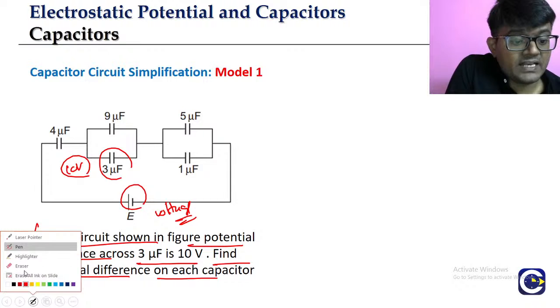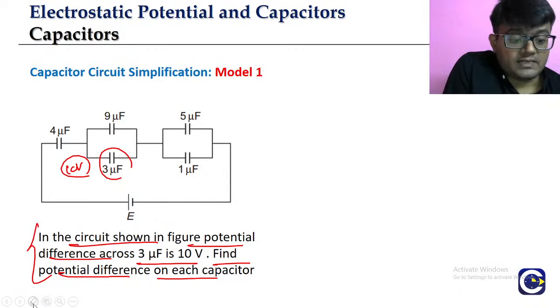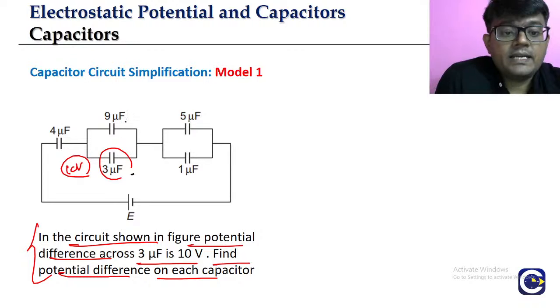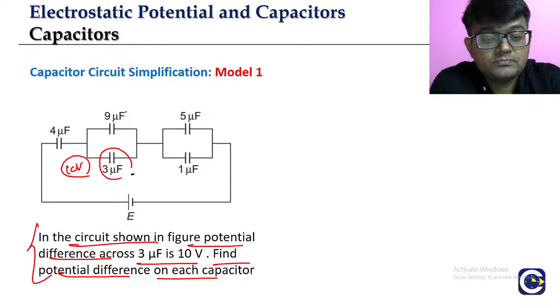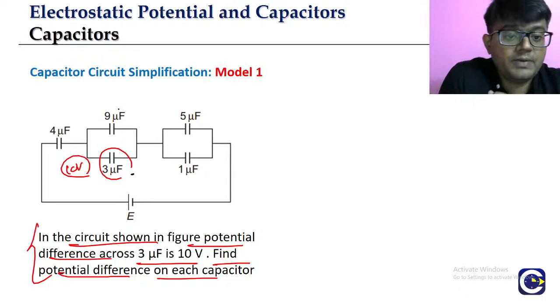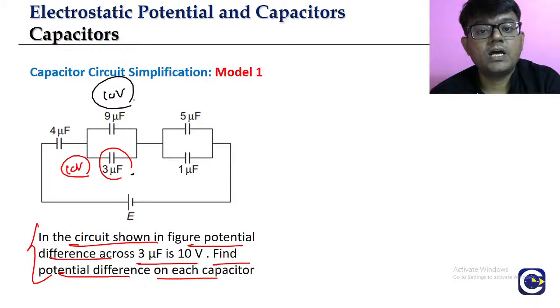Here they are giving us information about one capacitor. We already have the final information about that one capacitor. Now look, 3 micro and 9 micro are in parallel, right? In parallel, the potential difference will be the same. So what is the potential difference on the 9 microfarad? 10 volt, right?